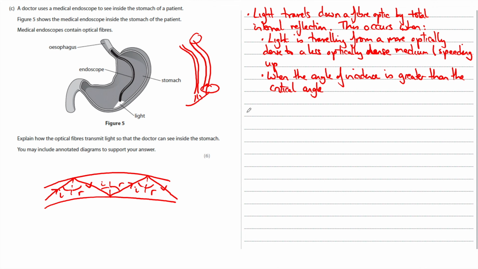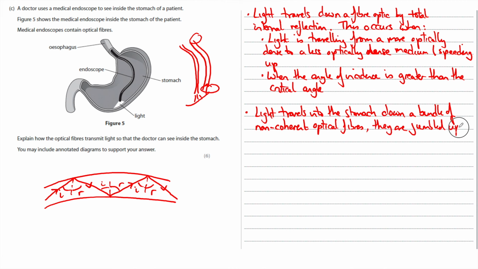The next part of the answer is to talk about the difference in the fibre optics sending light into the stomach and the fibre optics transmitting the light back. Light travels into the stomach down a bundle of non-coherent optical fibres. They are jumbled up.